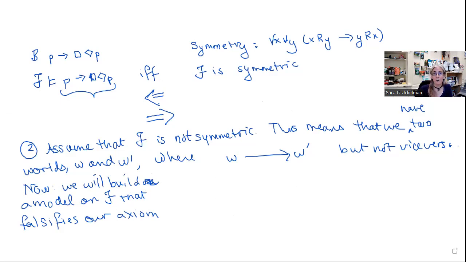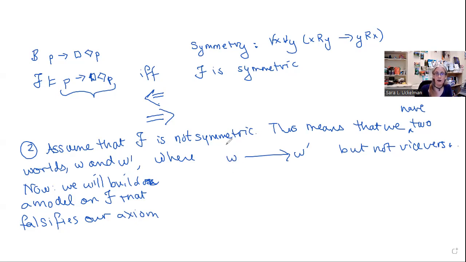Now, think back to what we just saw in our right to left version, where essentially the problem came from the fact that W prime could see back to W where P was true. What we want to do is define a model that makes the axiom false at some world.